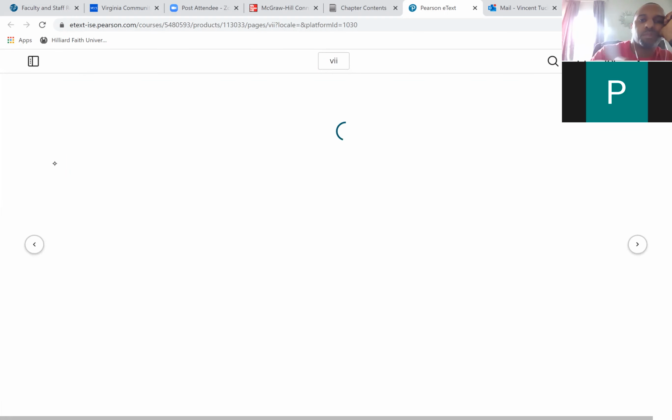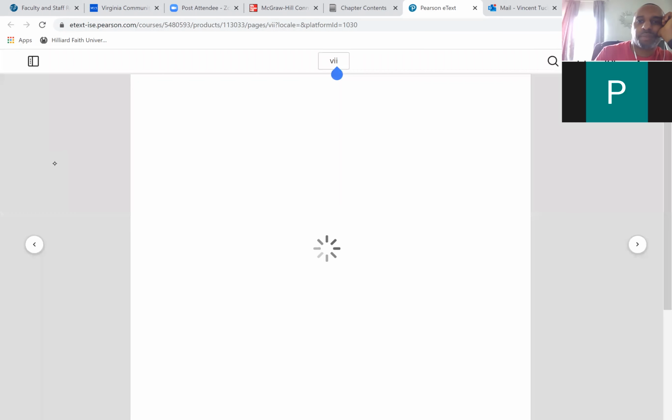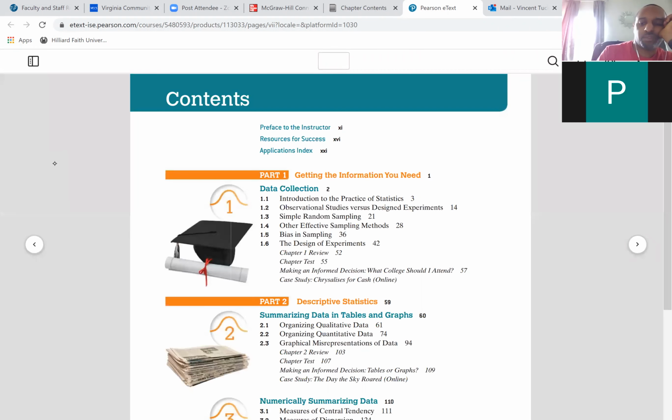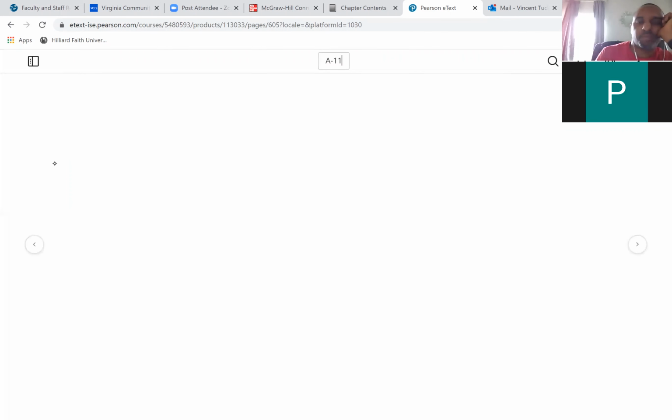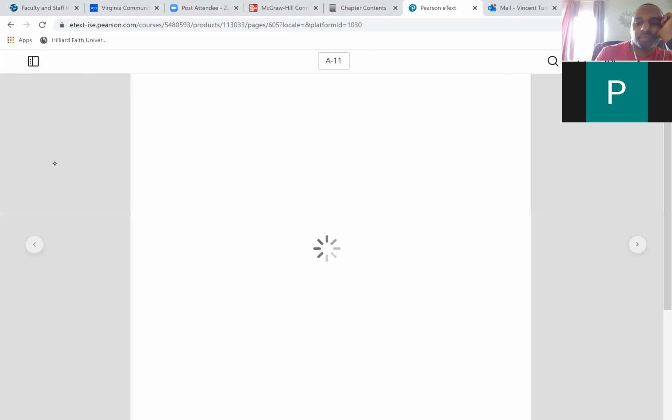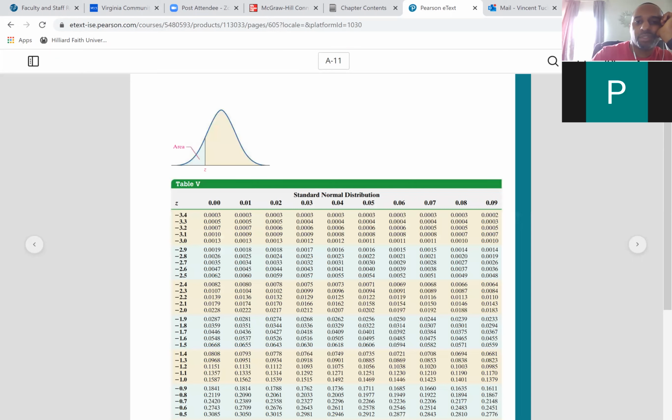Waiting for it to come up. All right, here we go. So once you get to the e-text, you should be able to type in here A11. Should take you to the chart. All right, here we go.